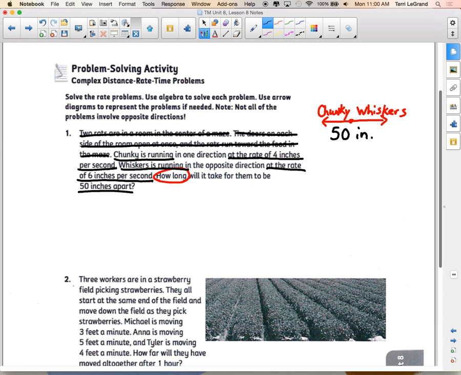Okay, anybody remember how we started these rate problems last week? It's the first thing we did. Harley? Okay, we set up some sort of a fraction. What could the fraction be that we set up in this one? What's the rate? What's it measured in? Inches per second. Okay, so that's the rate.